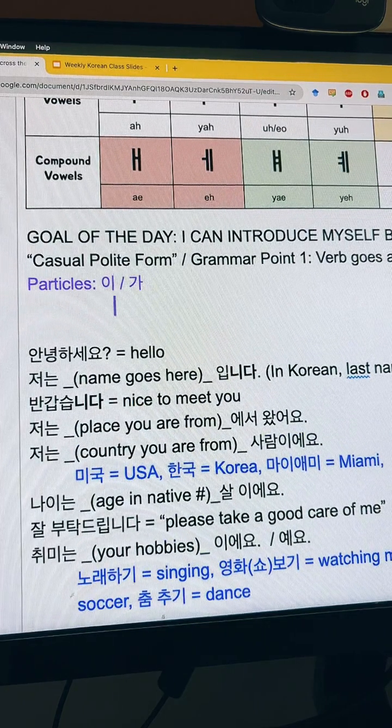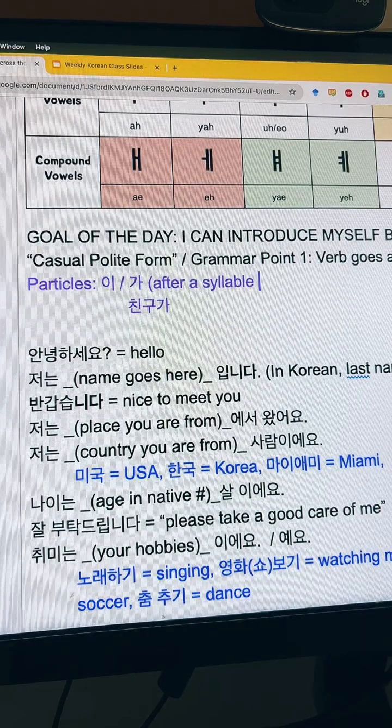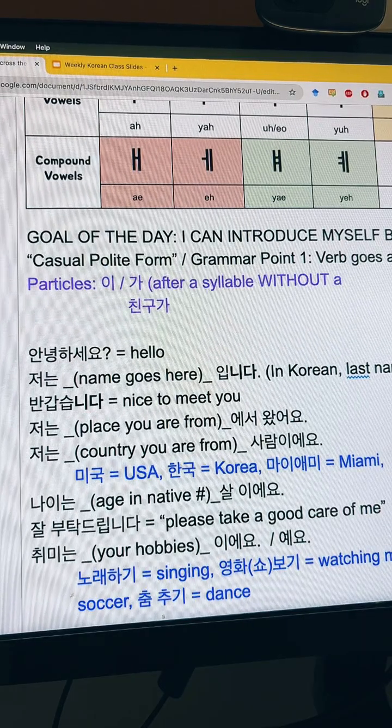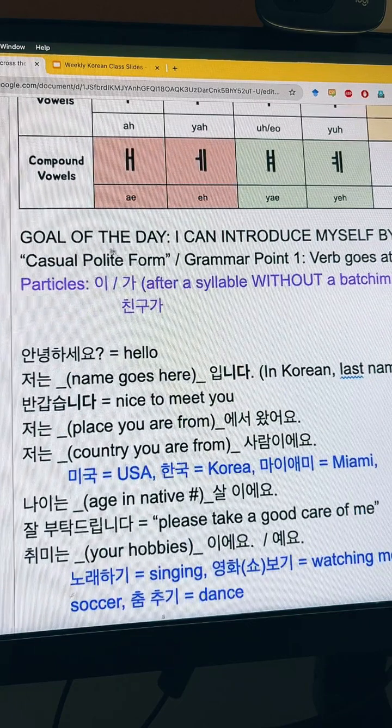For example, 친구. 친구 means friend. 친구, 구 has no 받침, so you put 가. 친구가. So 가 is used with no 받침.